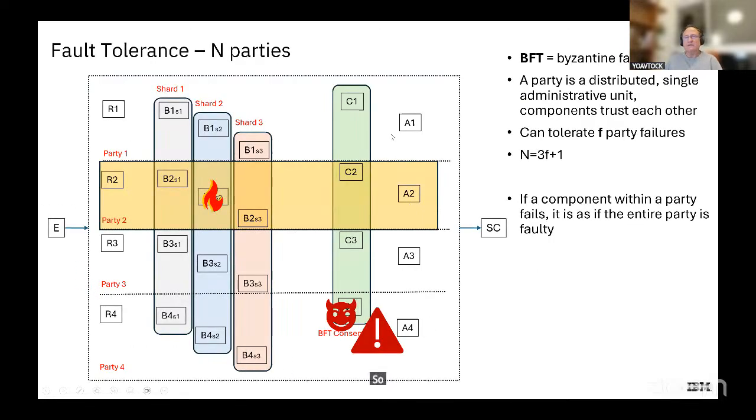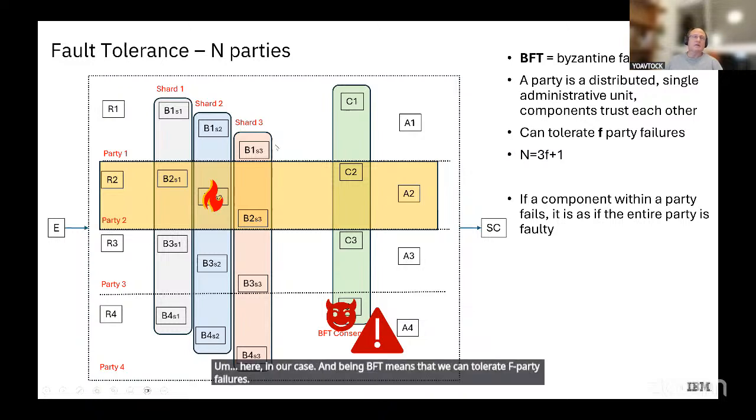So I want to emphasize, again, using this architectural diagram, that the new ordering service is BFT, Byzantine Fault Tolerant, in which a party, here in the yellow box, is a single administrative unit in which components trust each other. Here, in our case, being BFT means that we can tolerate f party failures.